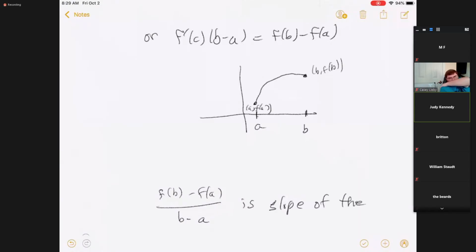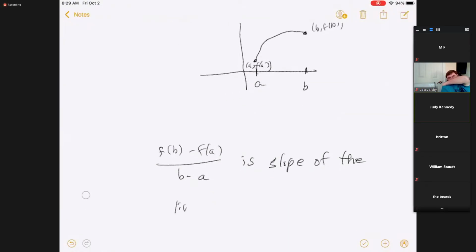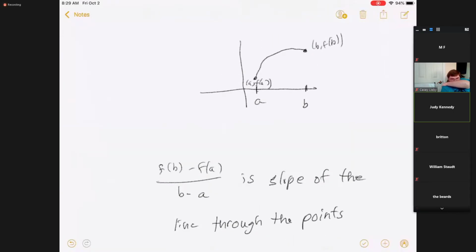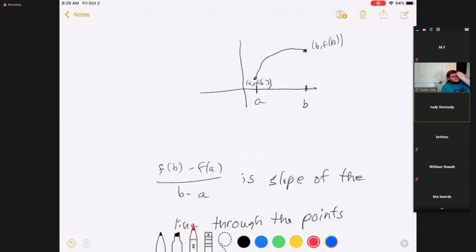of the line through the points A, f of A and B, f of B. Okay. So let's draw the line through those two points. That red line. So this number is the slope of that red line.